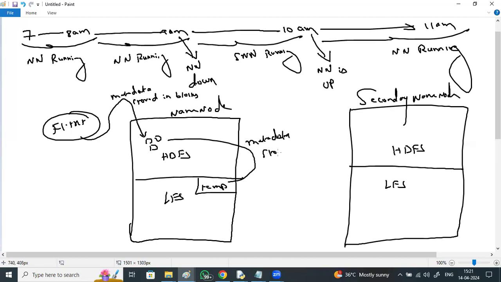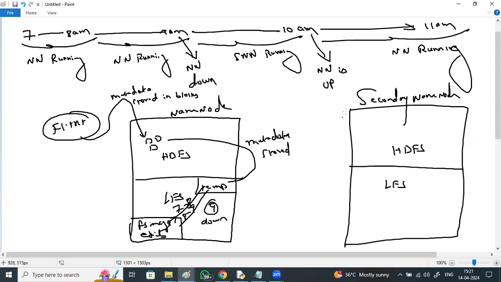On an hourly basis, we have FS image and edits, the two special files, from 7 to 8, then 8 to 9. At 9 o'clock, it is down.